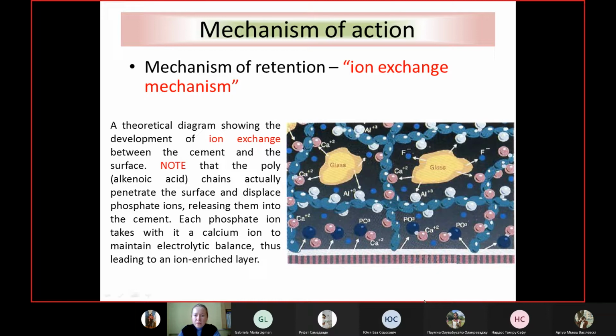Each phosphate ion takes with it a calcium ion to maintain electrolytic balance, thus creating an ion-enriched layer.